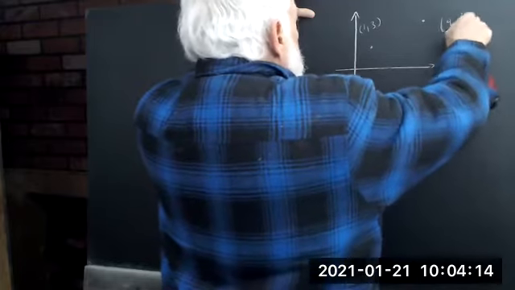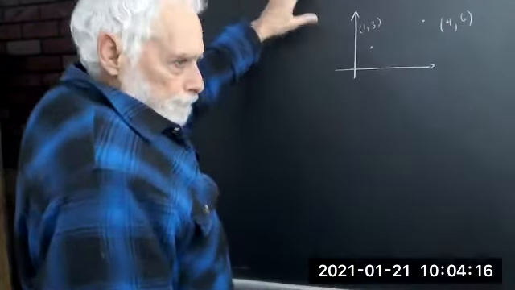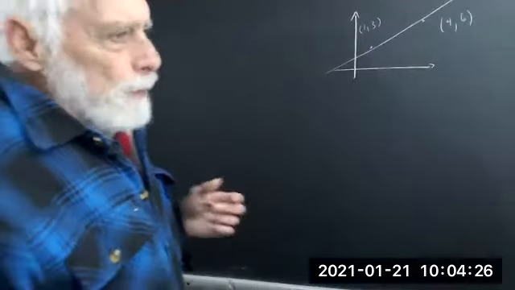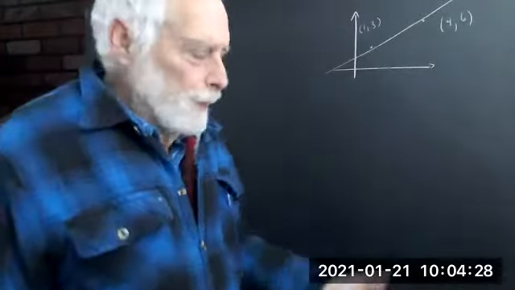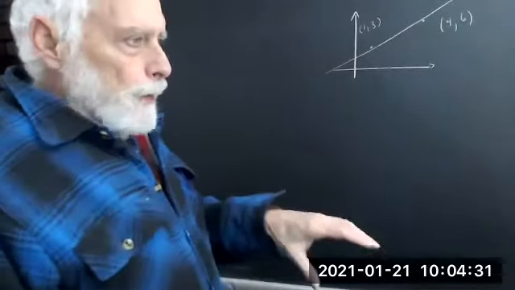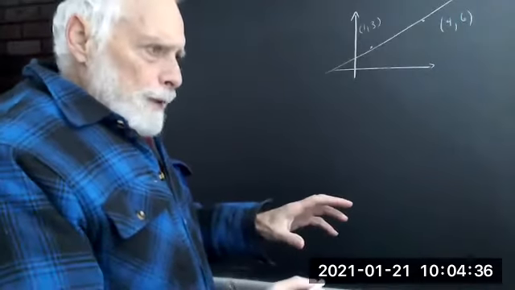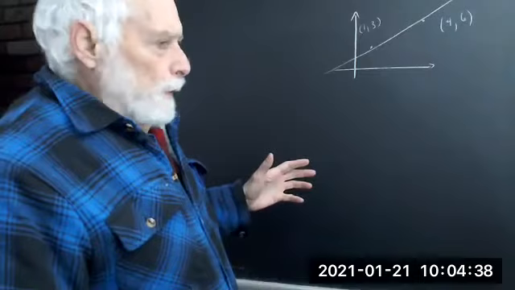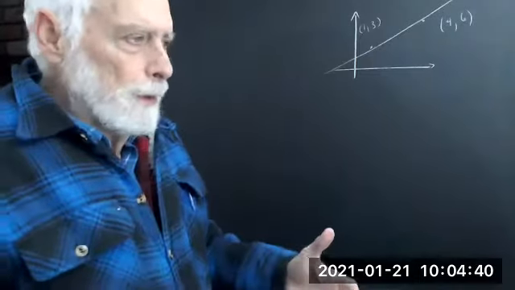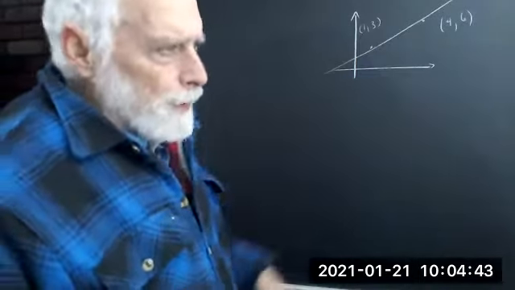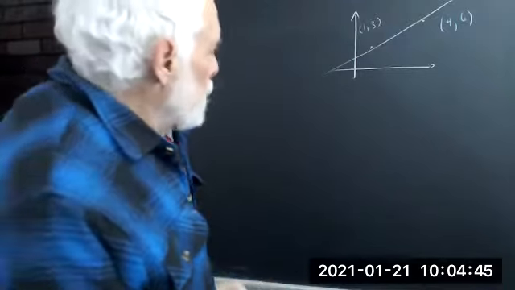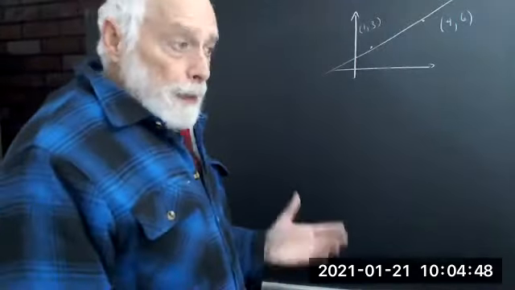If that's 3, this is probably 6. Now there's a straight line that fits these points. And we want to find that straight line. Of course, you've got the 2-point formula for straight lines and all that stuff. But we're going to do this with the matrix equation because what we do then can move to a greater number of points. And we can get a polynomial that goes through any set of points we want using matrix methods. So I'm going to demonstrate it with a straight line.